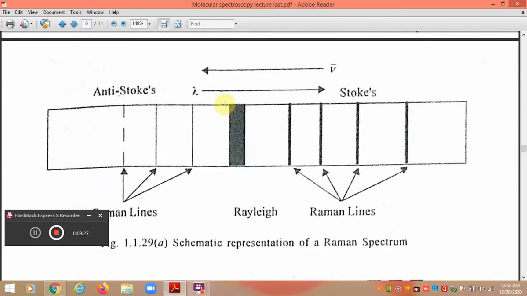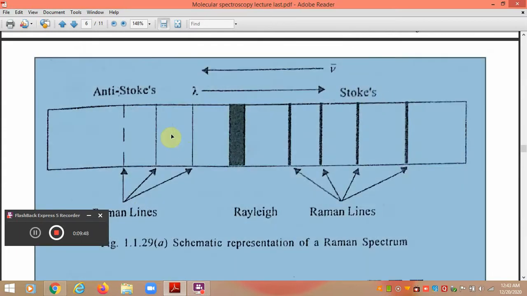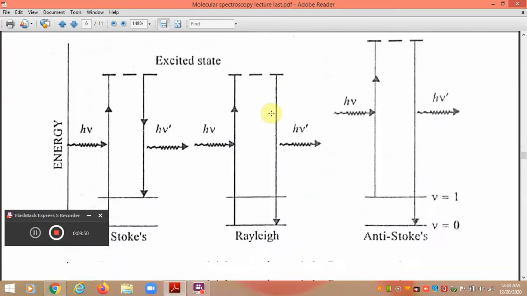This is the line that indicates Rayleigh scattering. For Rayleigh scattering, delta mu bar is equal to 0, meaning the frequency of scattered radiation and incident radiation are equal. If delta mu bar is negative, it consists of anti-Stokes lines, and if delta mu bar is positive, it consists of Stokes lines. So this is very simple.